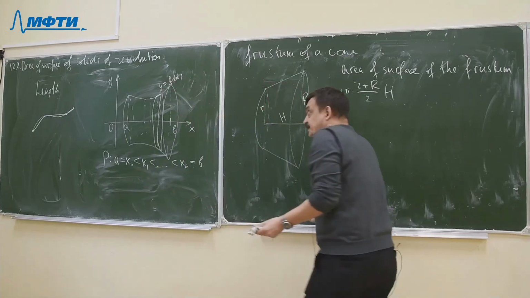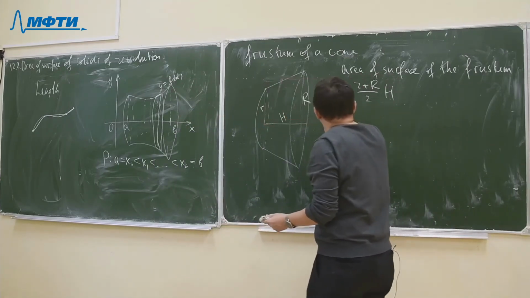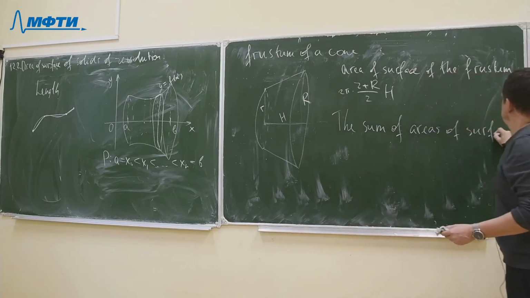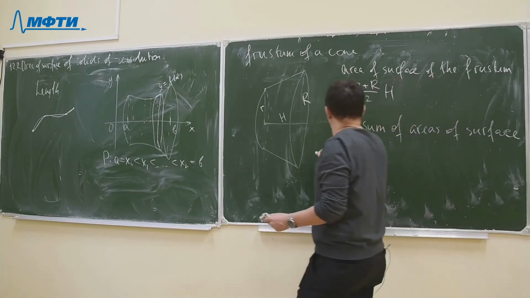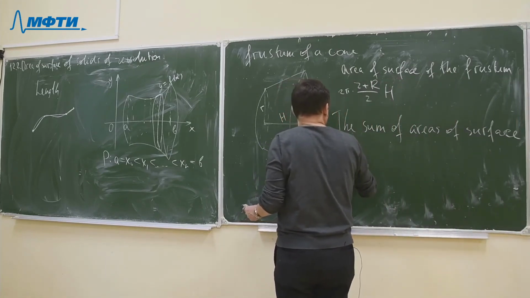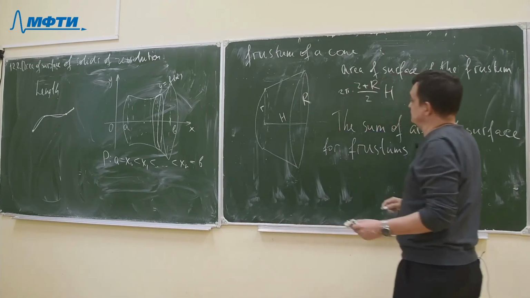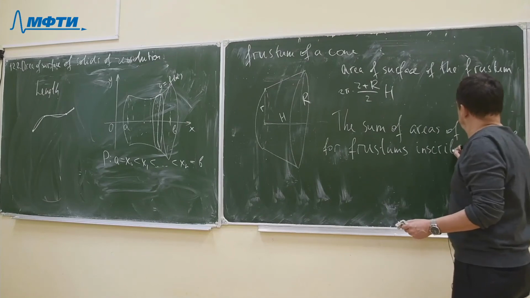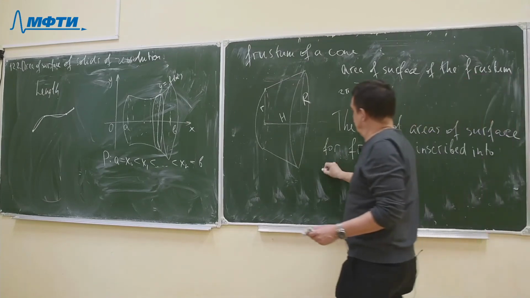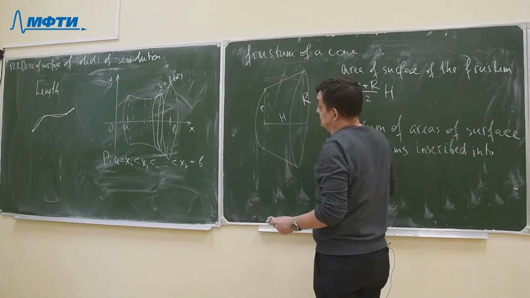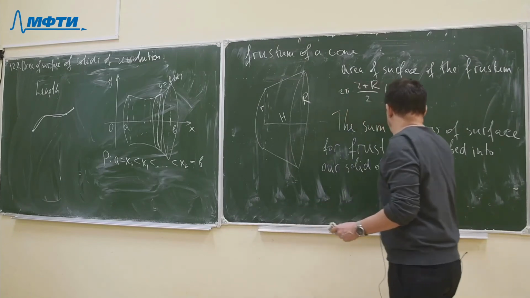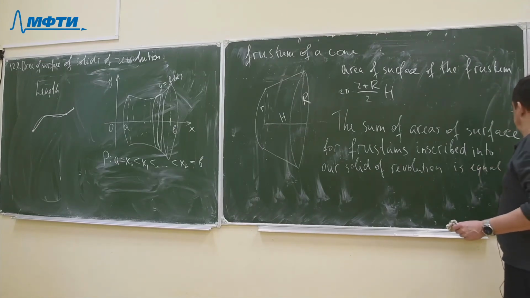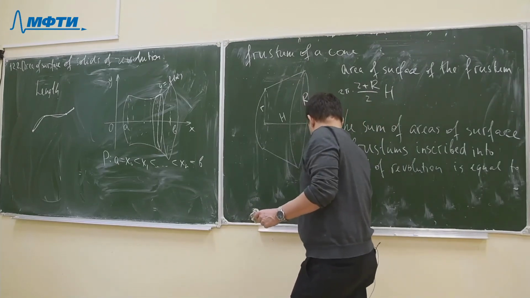So, what will we obtain then? The sum of areas of surface for frustums inscribed into our solid of revolution is equal to, let me compute it.